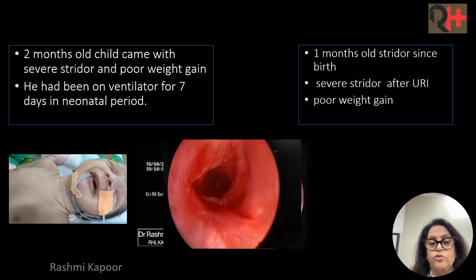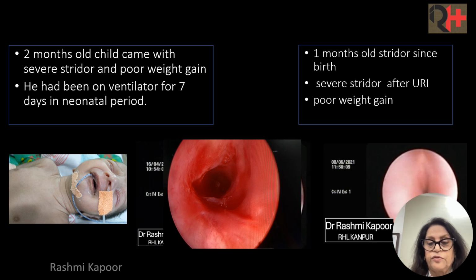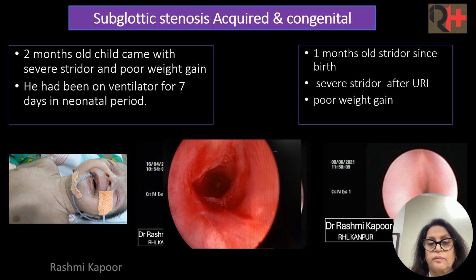This is immediate post dilatation, and the child needed 2 to 3 subsequent balloon dilatations, and the child is fine now after 1 year. Another child, 1 month old, came with stridor since birth, severe stridor after URI, and poor weight gain. So this was a congenital subglottic stenosis.